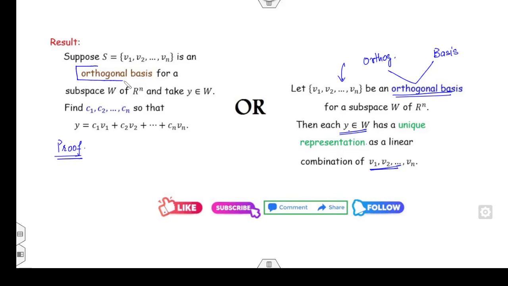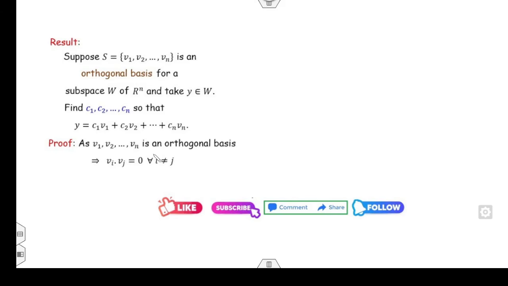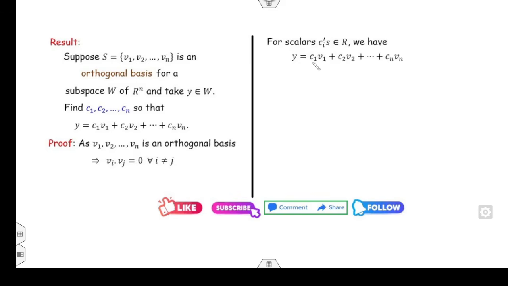It is given that the vectors v1 to vn are orthogonal. That means vi dot vj is 0 for i not equal to j. Now I can take any element y which is part of the subspace, then we can write y as c1 v1, c2 v2 and so on.